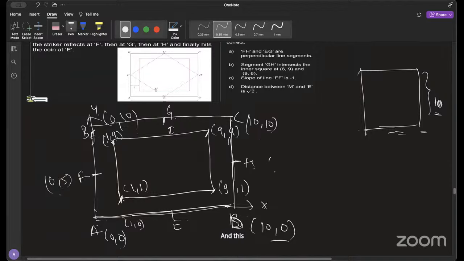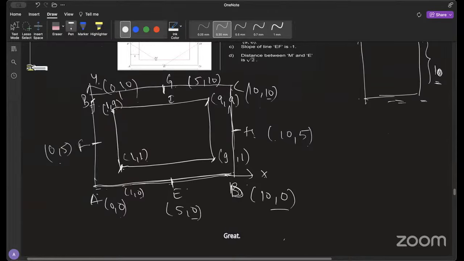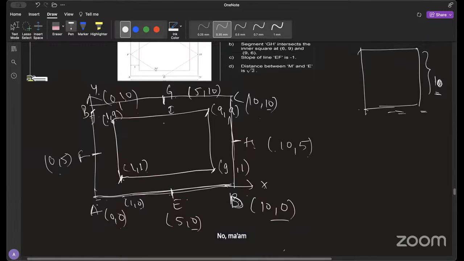And this one, 5, 5, and this one, 5, 10, and this one, 5, 0. Right? Does anyone have a doubt in how we find the coordinates? No, ma'am. Okay.